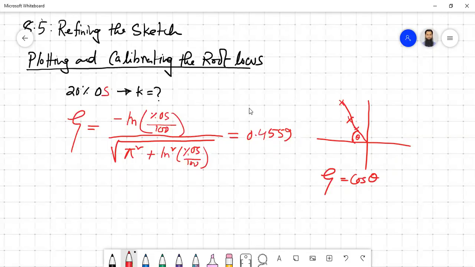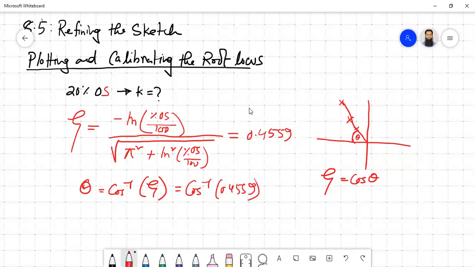So what will be the angle theta? The angle theta will be cos inverse zeta. We already figured out the zeta, so cos inverse 0.4559 gives approximately 62.877. In the Microsoft whiteboard it is difficult to go into fractions, so you can approximate to 63 degrees.